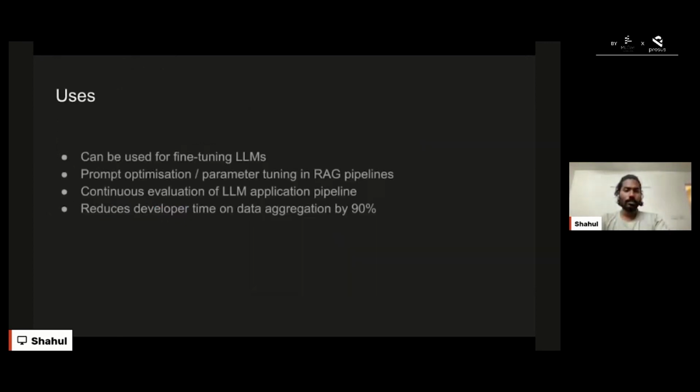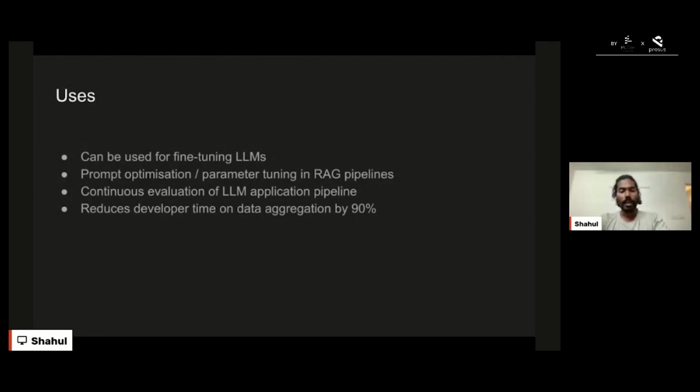In terms of uses of this pattern, it can be very effectively used to generate a set of question samples or datasets that can be used to fine-tune LLMs for retrieval augmented generation or for general purpose use cases.